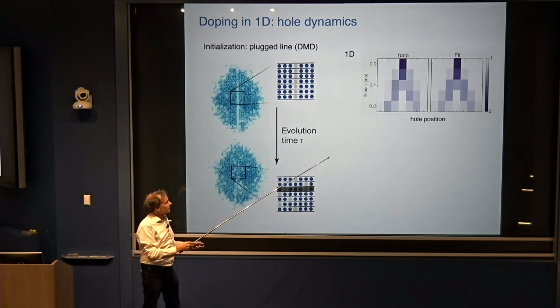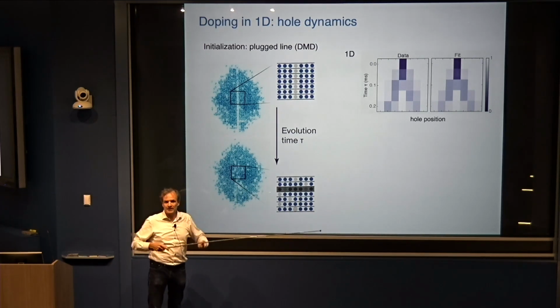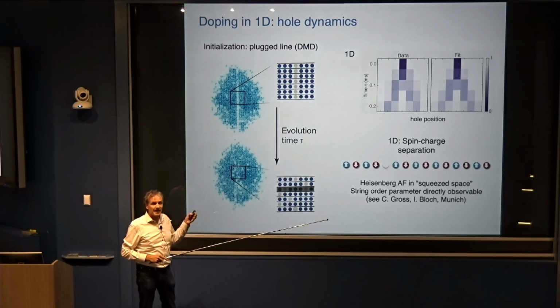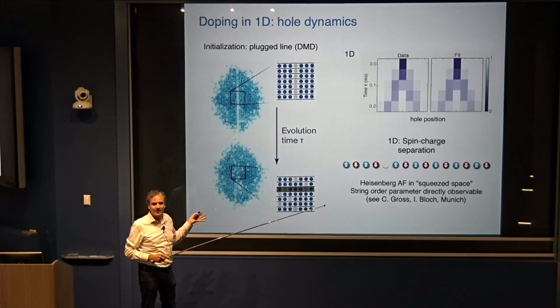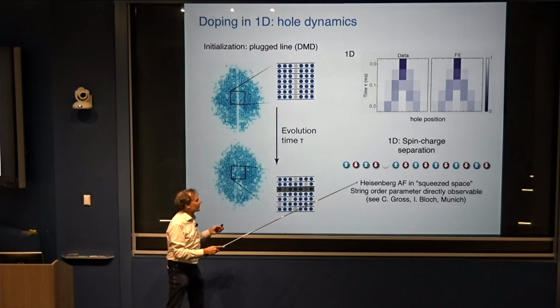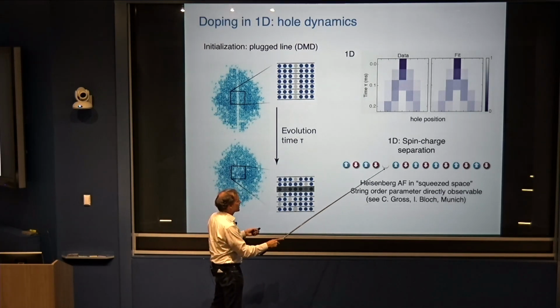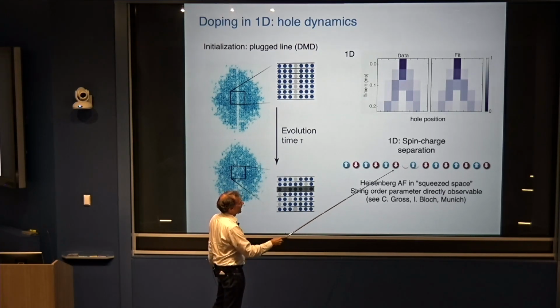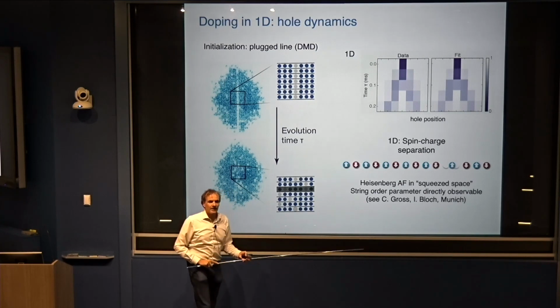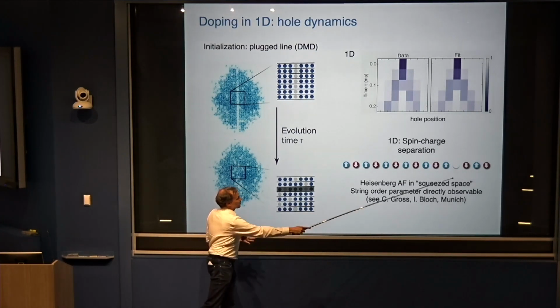Why is it just like the simple Hubbard model? Wouldn't you expect something more interesting to happen? Well, in a 1D Fermi-Hubbard model, it's actually very elegant. It's very simple. Spin and charge completely separate, you have spin-charge separation, and the holes just move independent of the magnet, which is kind of intuitive if you think about it.